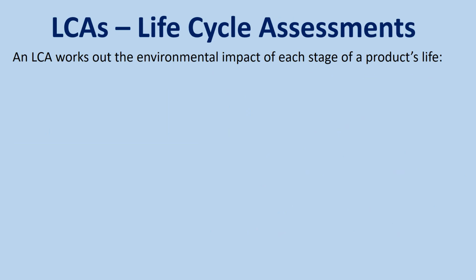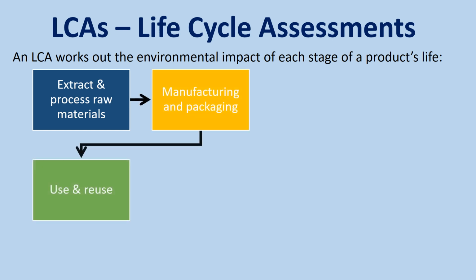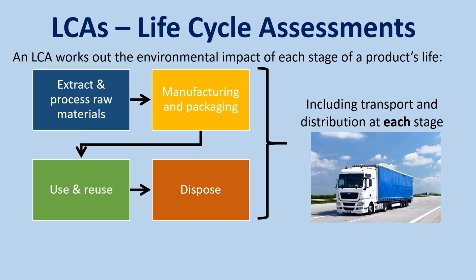So manufacturers, before they make anything, they do what's called a life cycle assessment, and it works out the environmental impact of each stage of a product's life. You extract and process raw materials, then you manufacture and package, then you use and reuse, and then you dispose, but you include transport and distribution at each stage.